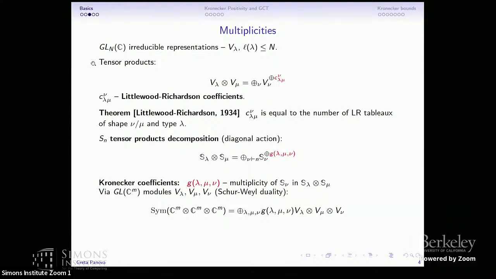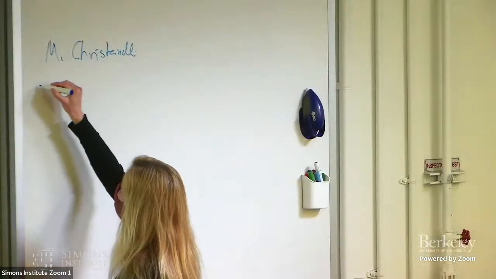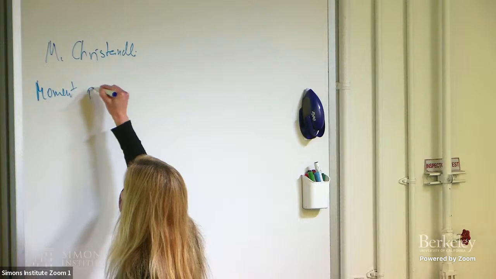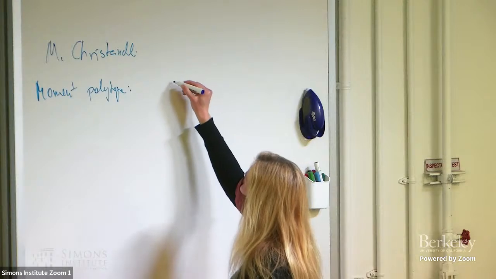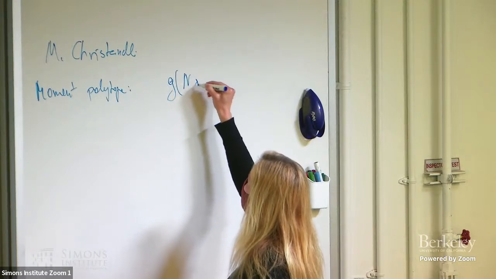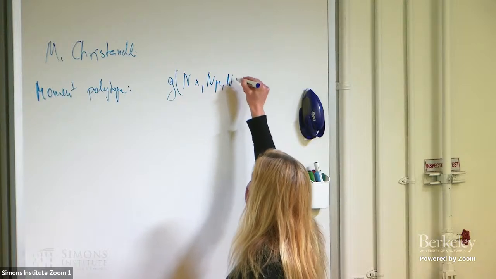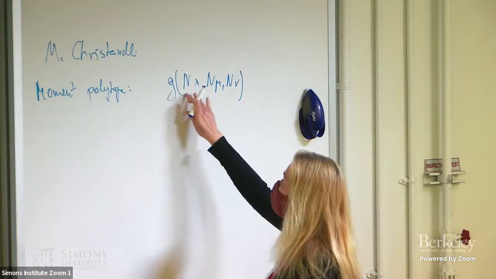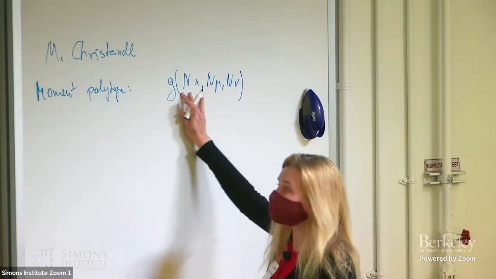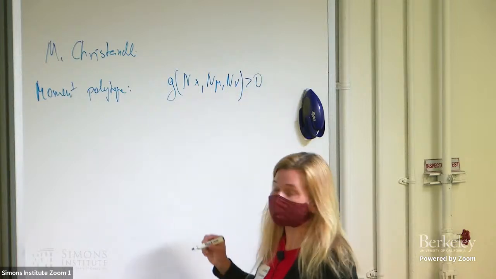So just to connect with Matthias, they were interested in the moment polytope, which for this problem boils down to figuring out, for a triple of rational coordinates, if you scale them large enough by some integer n, whether the coefficient is strictly positive.